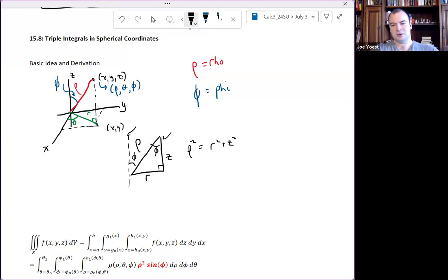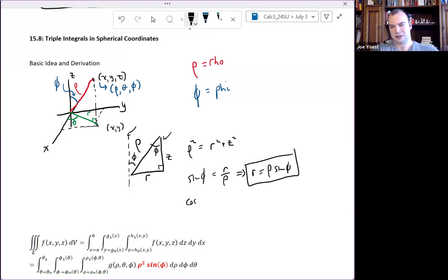So I see that sine phi equals r over rho says that r equals rho sine phi. And I also can describe z.